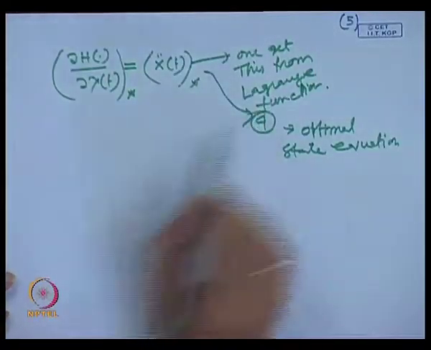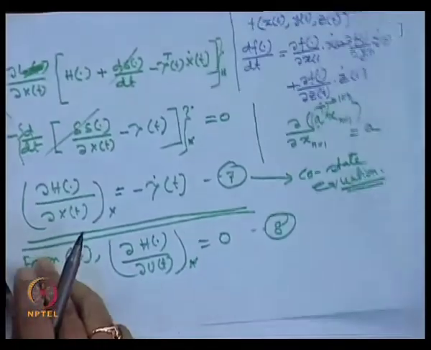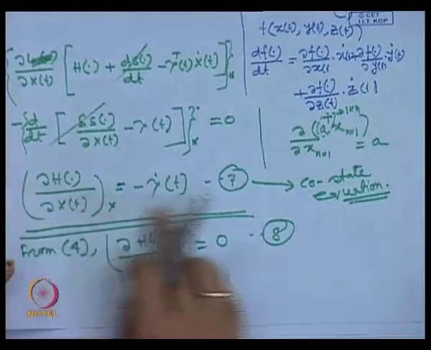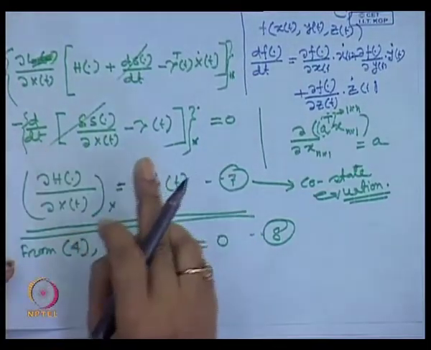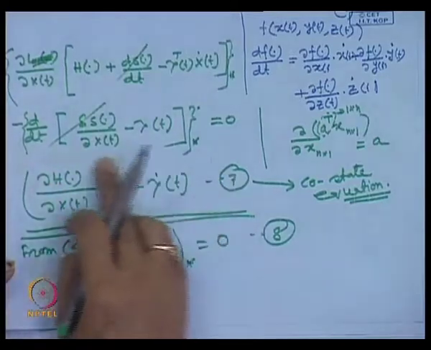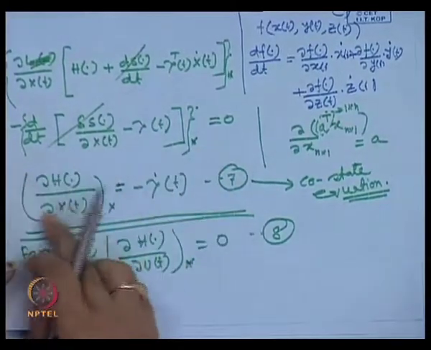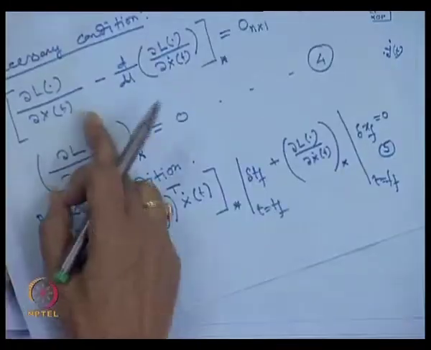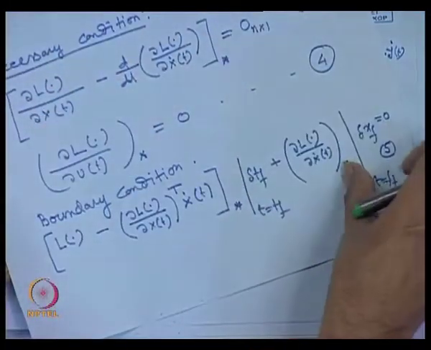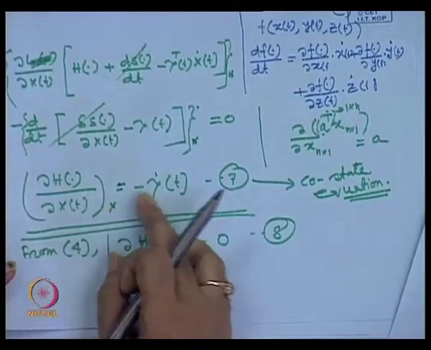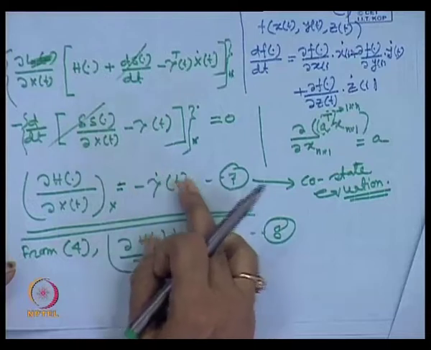Now, when you express the Lagrangian function in terms of the Hamiltonian, in simplified form you get del H del x equal to minus lambda dot of t.